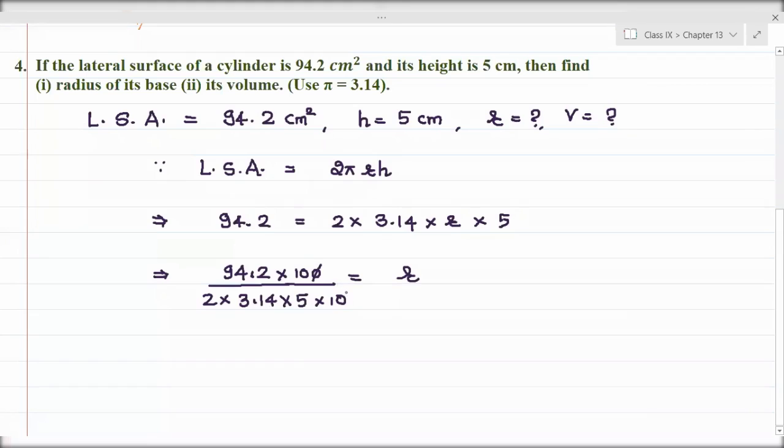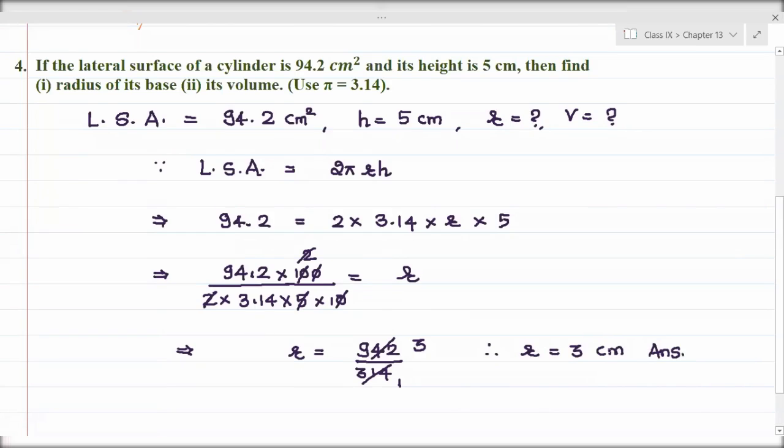Here 0 and 0 I can cancel. 5 ones are 5, 5 twos are 10, and 2 and 2 again I can cancel. So in short, r will be equal to 942 upon 314. If you check carefully, 314 three times cancels 942. So the value of r will be equal to 3 centimeter. This is your answer number 1.